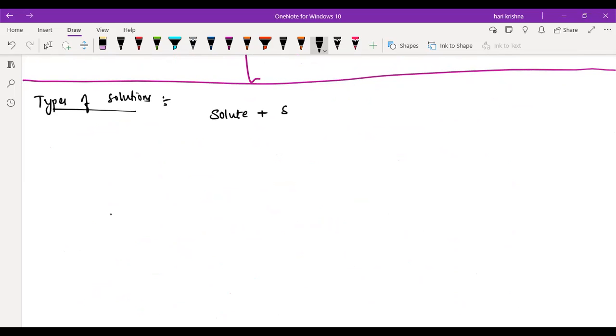Combining of solute plus solvent will form the solution, right? So combining of solute plus solvent will always form the solution. So again, what is the meaning of solubility? Anyone? What is the meaning of solubility?